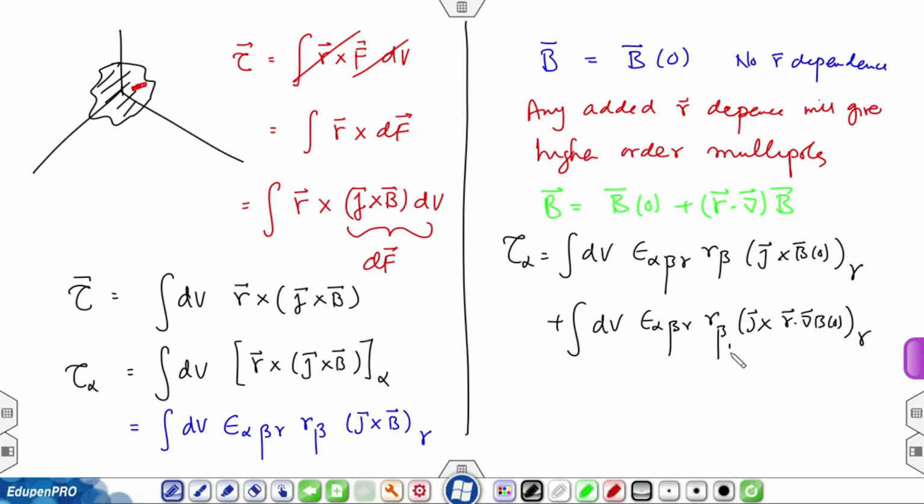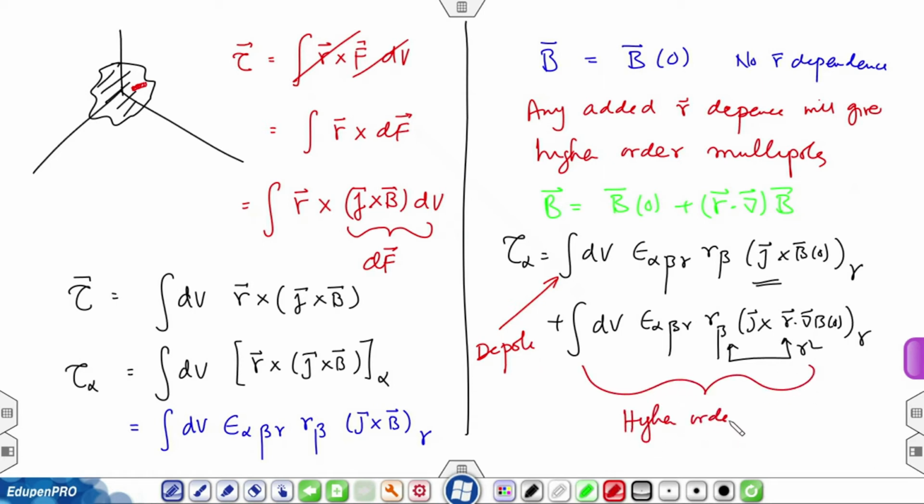This, as you see, has 2 r's, r square, and I want to neglect that in comparison to only the r term. It is a very small distribution. So, this first term gives me dipole, and this is giving me higher order multiple. So, I am not taking that into account, because I am interested right now only in the dipole term.